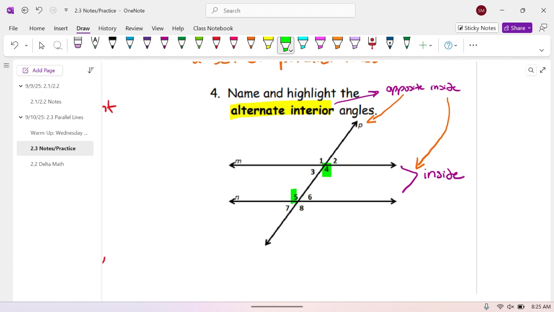What else? 3 and 6. Good. Within the parallel lines, opposite sides of the transversal. Now, what do you think my relationships to them are? Do you think they're congruent or supplementary?